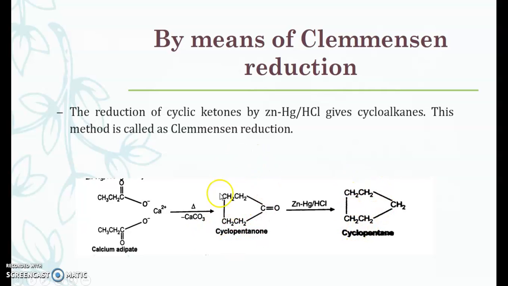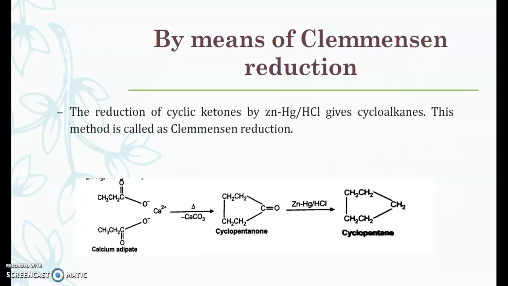How is cyclopentanone synthesized? It is synthesized from calcium adipate, which on heating loses calcium carbonate, and cyclopentanone is formed. In this way, we can carry out the reduction of cyclopentanone to get cyclopentane, which is our cycloalkane.